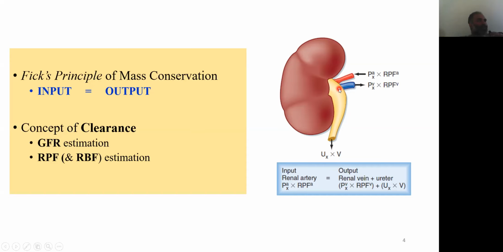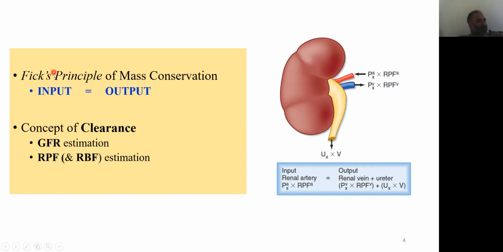So this is obviously just an example to explain it to you. If you inject in the body a substance which comes into the renal artery and then goes into the kidney, and that substance gets filtered out and nothing else happens to it, it comes into the urine and out it goes.